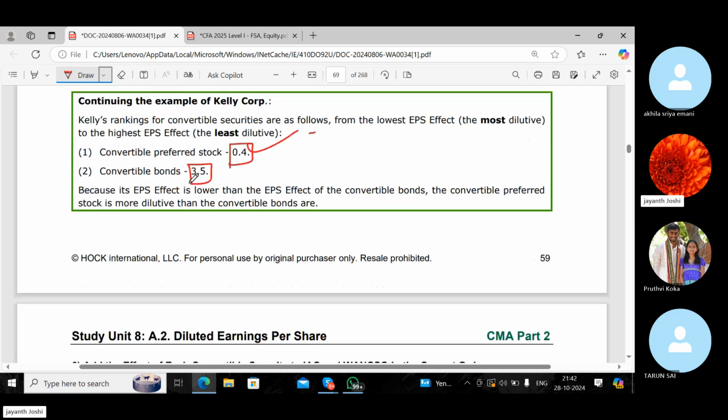The reason is it is more dilutive, because 75,000 preference shares we already saw. So we will give this first rank and this second rank. More dilution is because of more number of shares in the denominator.